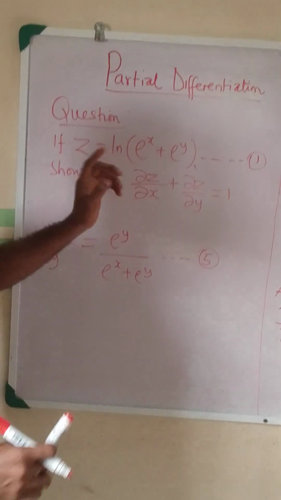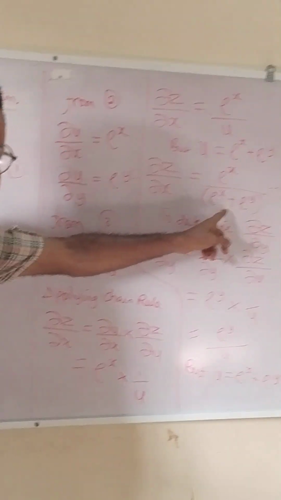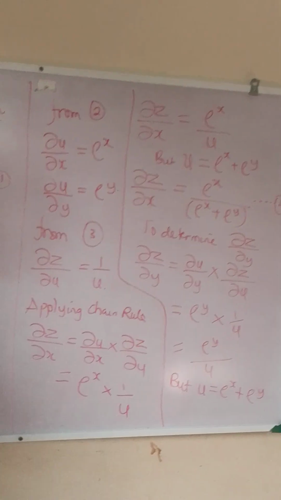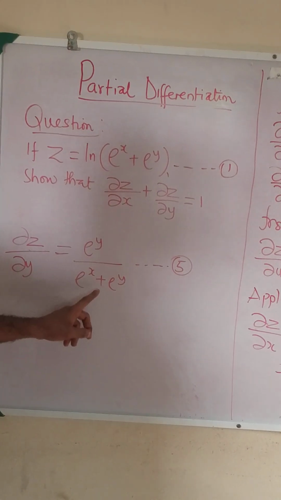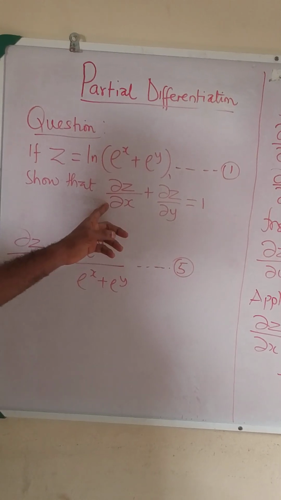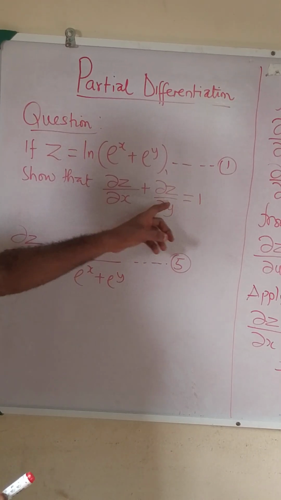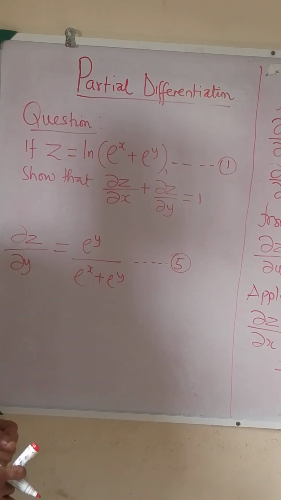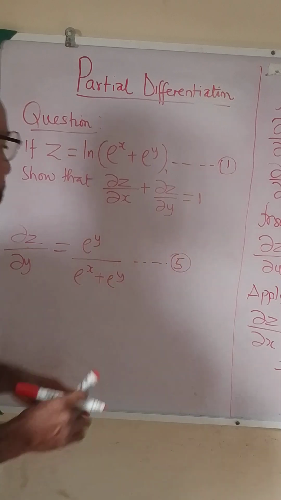Since we've been able to determine what we have in our equation 4, and what we have in our equation 5, we have to add the two so that we find out if it will actually be equal to 1.